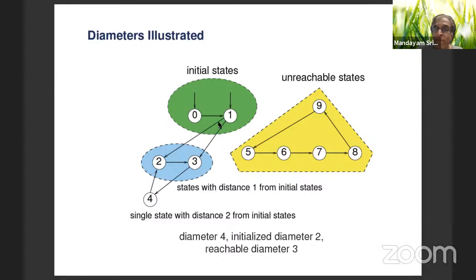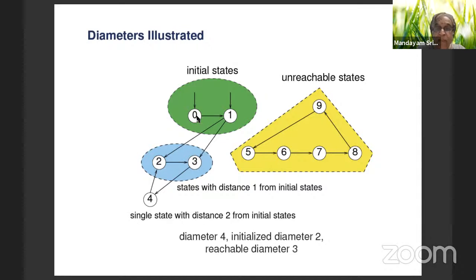Why? Because from any one of the initial states, the shortest path to reach either 3 or 2 is just 1. Although there are other paths longer than 1 to reach 3 and 2.